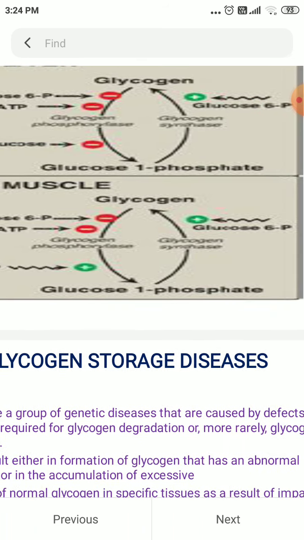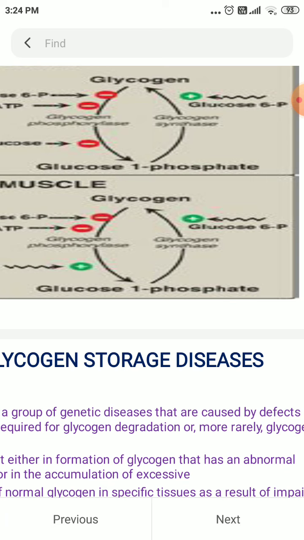The same applies to synthesis by the enzyme glycogen synthase, where glucose 6 phosphate acts as an activator of this enzyme, thereby leading to the synthesis of glycogen in muscle. This is how allosteric regulation takes place in liver and muscles. So this completes glycogen regulation, both synthesis and degradation regulation.